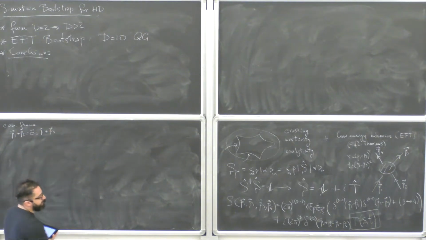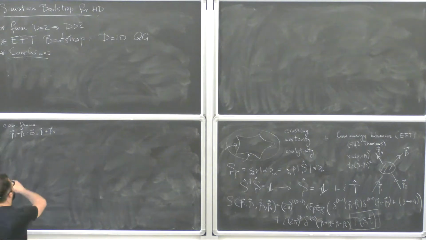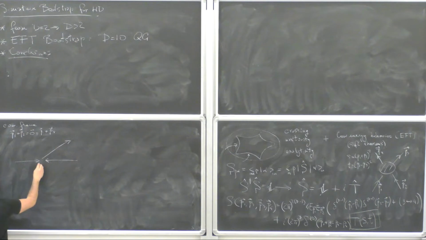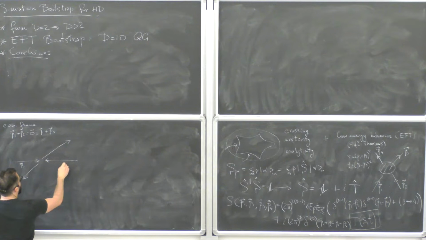And since the S and T variables are invariant under Lorentz transformations, this boost won't change the physical meaning of those variables. But if we go to this frame, then the 2-to-2 process really simplifies a lot.